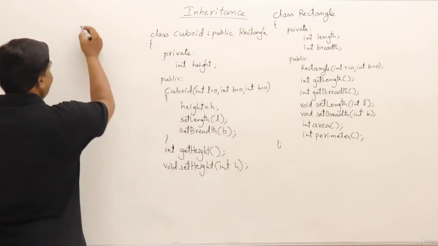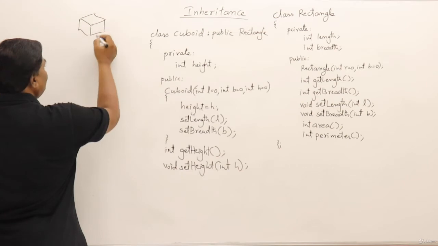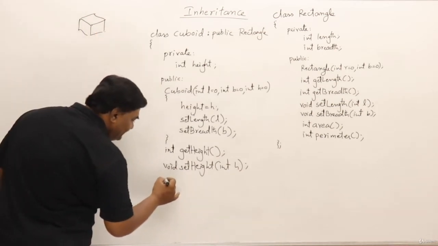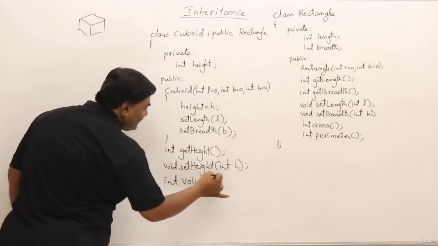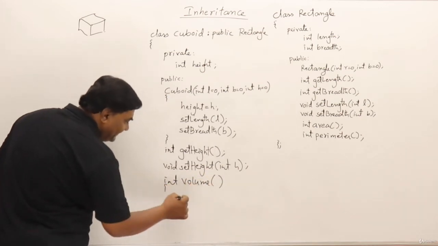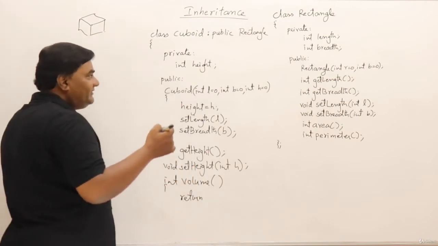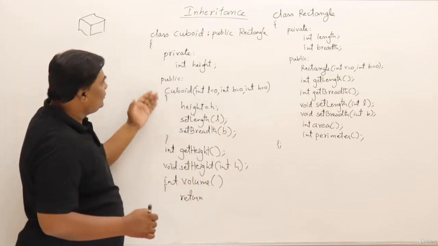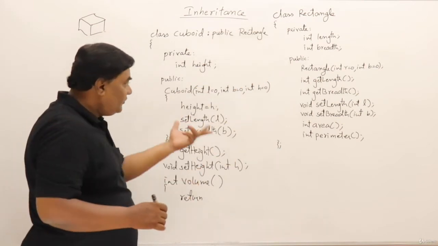Now if you have a cuboid, then you may have the volume of a cuboid. So I can implement one more method, that is volume, which will return what? Length into breadth into height. So can this cuboid class access those members directly? No. Then how to know length?